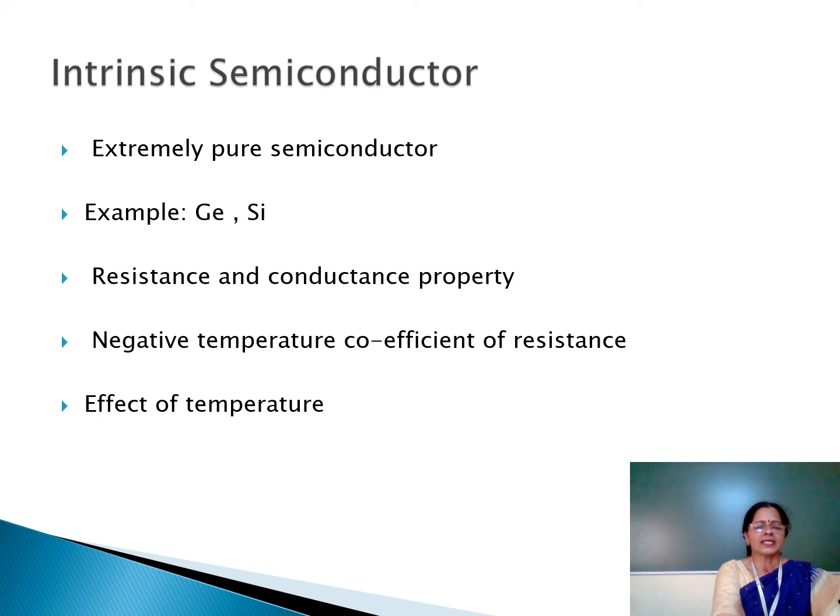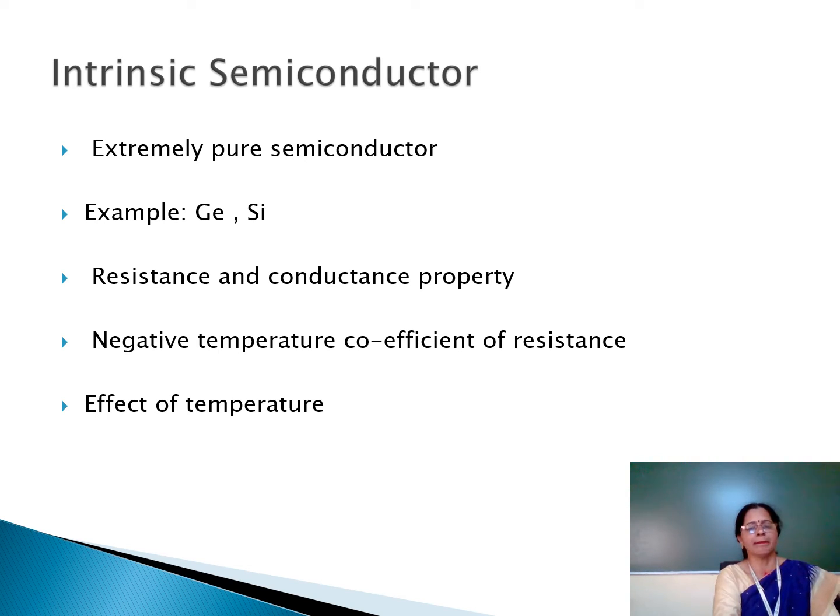Due to this temperature effect, suppose we use the intrinsic semiconductor directly for manufacturing devices, keeping in mind this temperature effect. Simply controlling the temperature, we use this material as a conductor or as an insulator. But practically that is not good, because we would always have to control the temperature.